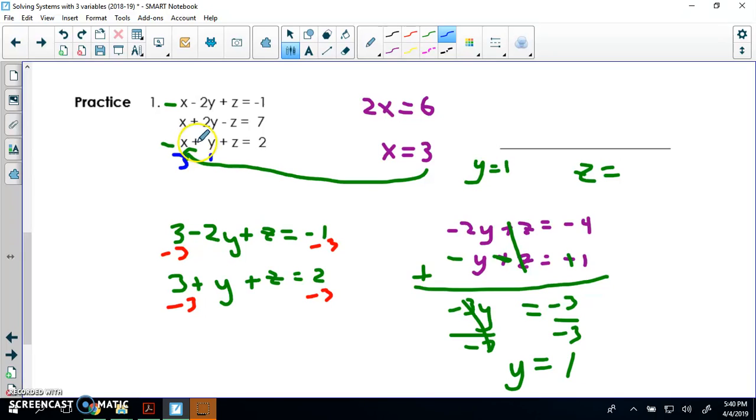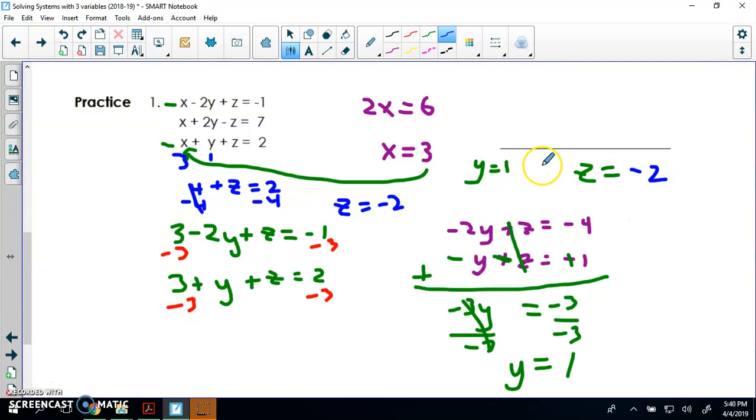So 3 plus 1 is 4, plus the z should equal 2, right? x is 3, y is 1, that should total 4, plus z equals 2. And I'm going to minus the 4, minus the 4, and I get z equals negative 2.